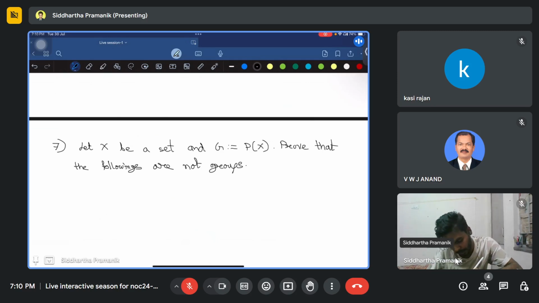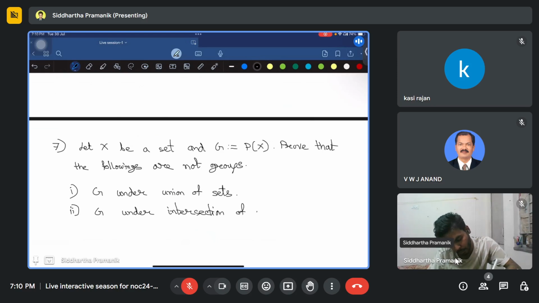Okay, so the first one is the set G and the operation is union of sets. The second one is the same set G under intersection of sets.